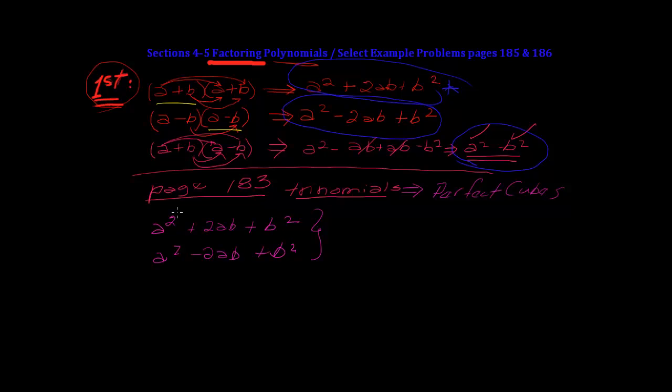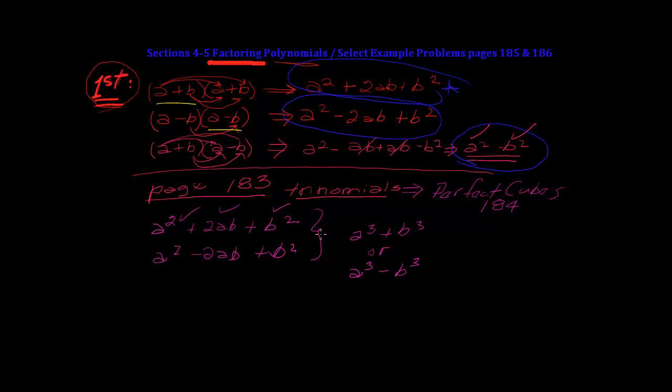And rather than the three polynomials here, and this is on page 184, then we get a to the third plus b to the third, or a to the third minus b to the third.